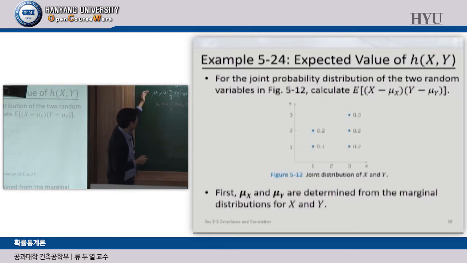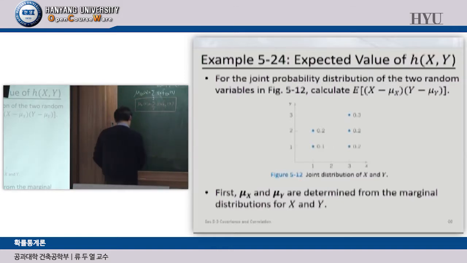This is exactly the same formulation. The conditional mean is changed to the marginal mean, and the conditional probability mass function is changed to the marginal probability mass function.